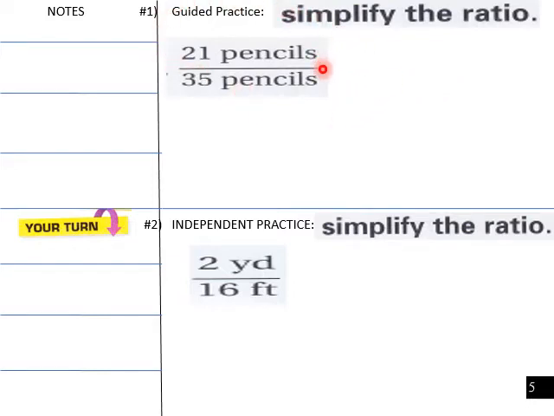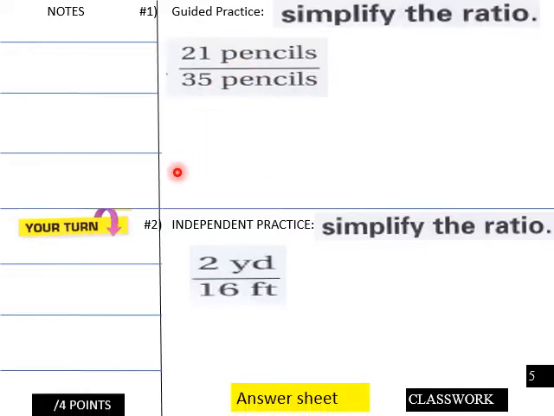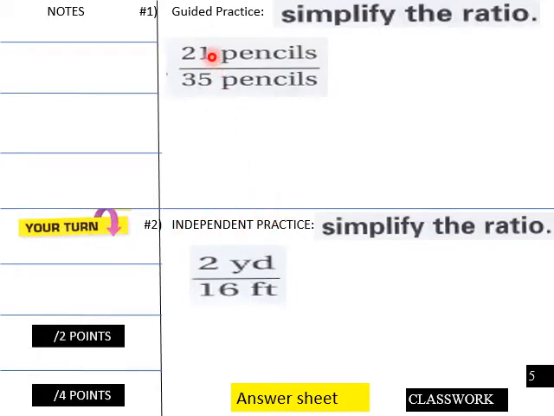Now we need to simplify the ratio here: 21 over 35, and then over here, simplify the ratio 2 yards over 16 feet. We have a unit analysis situation here where we need to convert this to feet. Students, as your independent practice up here.